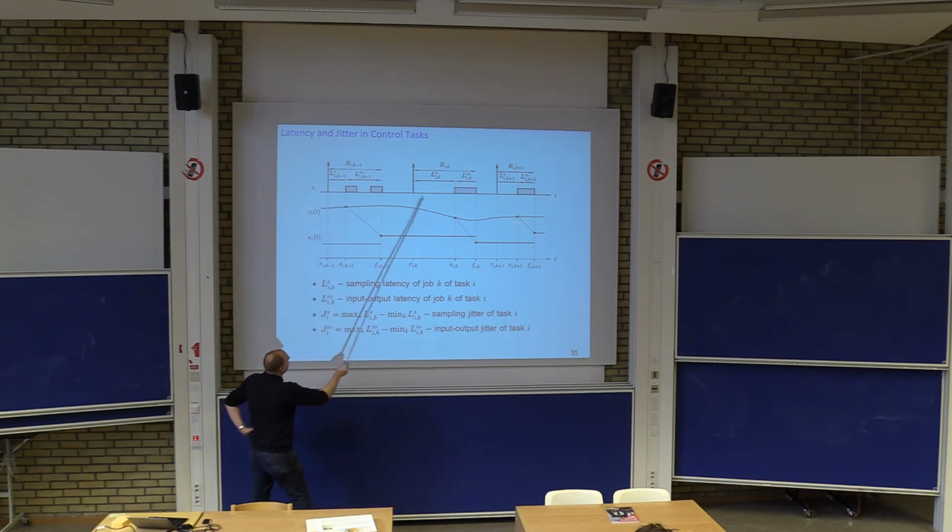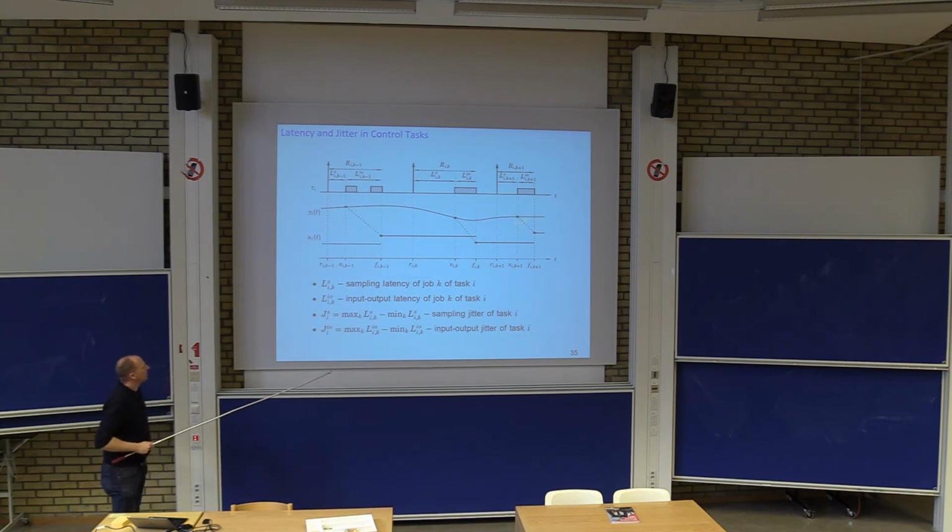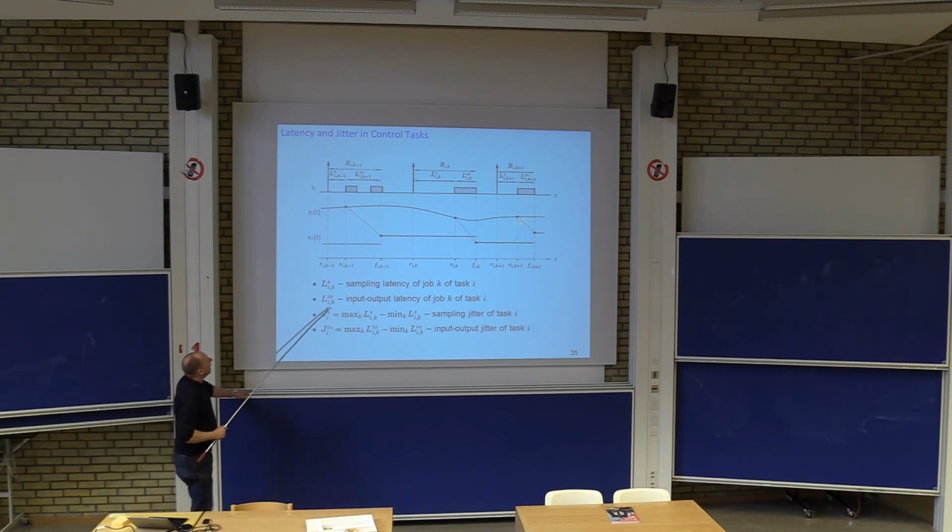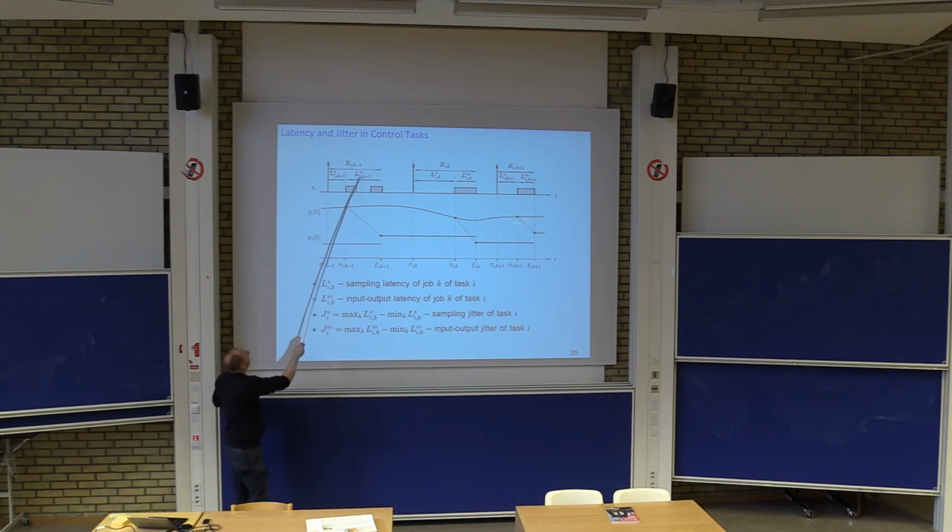We see that it's different for every occurrence of this control task. And the input-output latency is the time from when it has read the inputs until it actually sends the outputs.